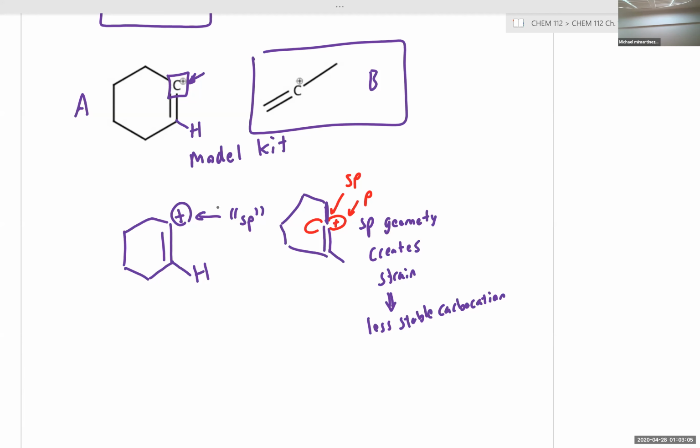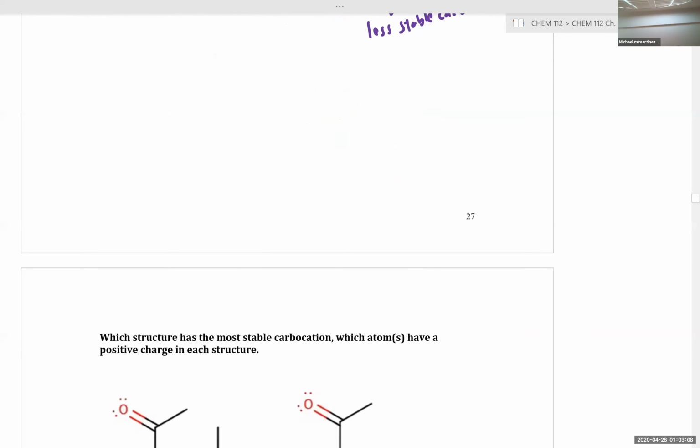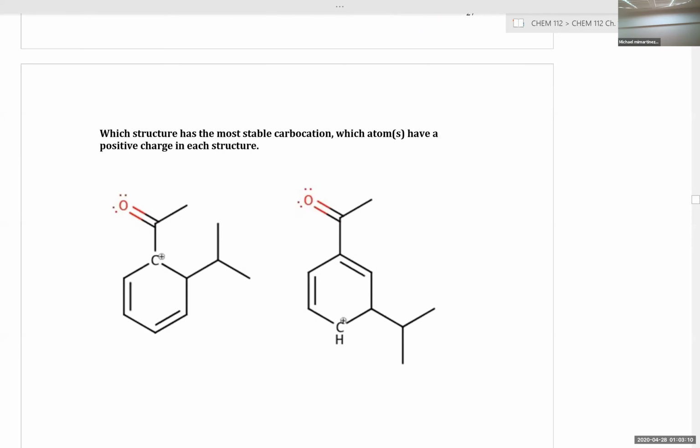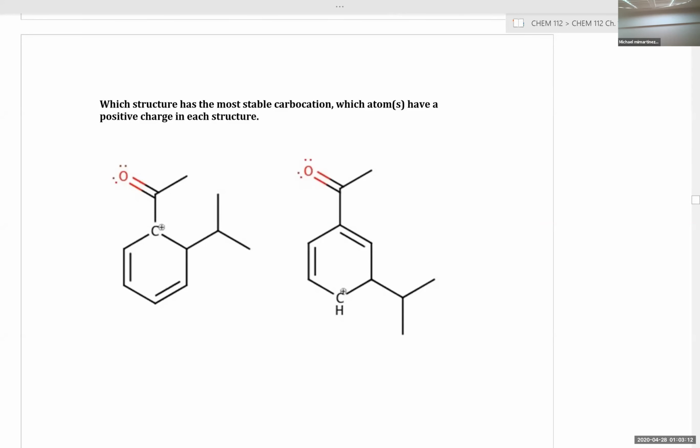Okay, that one was just a little fun thinking exercise. Let's take a look at the following problem. We're asked to make an explanation for which structure has the most stable carbocation. I want you to save this page in your notes for when you take Chem 113, because we're slowly developing a really important skill in terms of predicting reactivity.